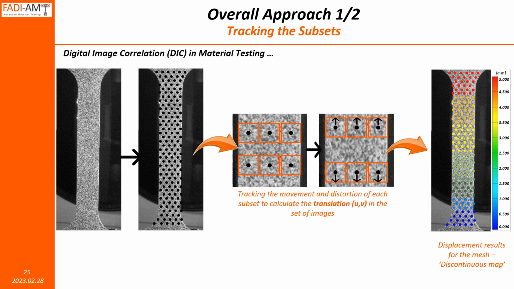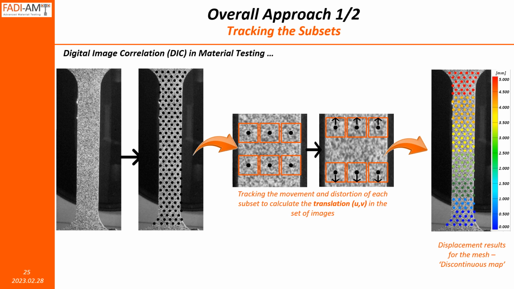Now, when we know how a subset is moving on the surface of the sample along with the different images, those displacements of the subsets can be converted or resolved into x and y coordinates on the sample itself.